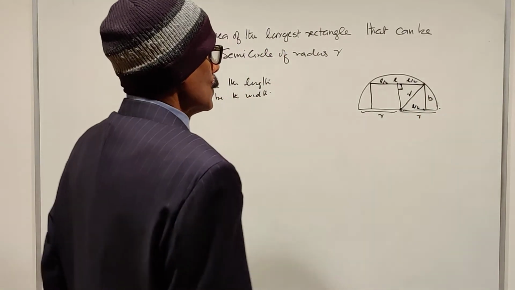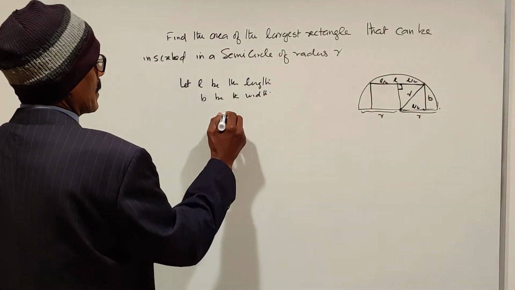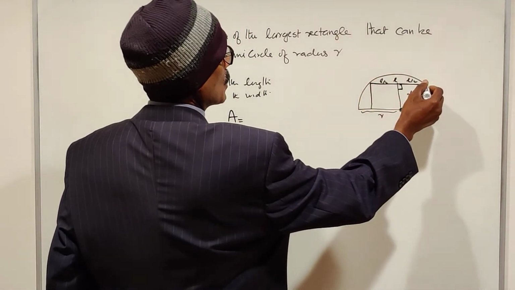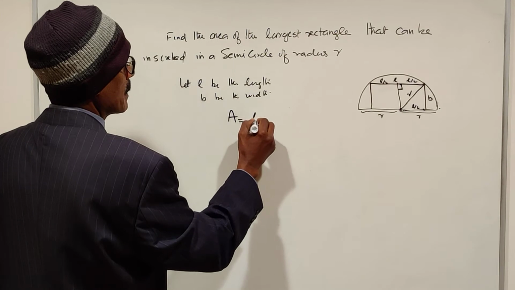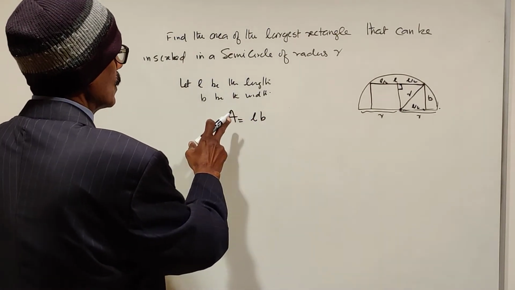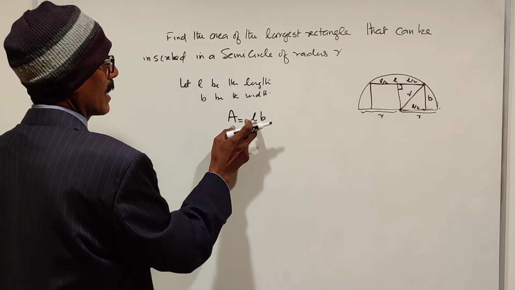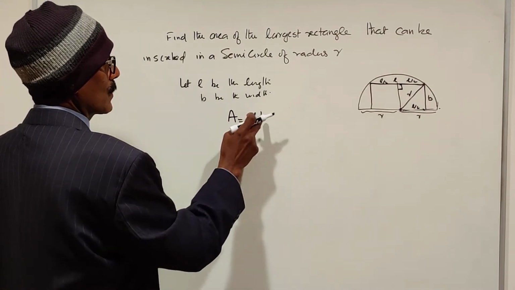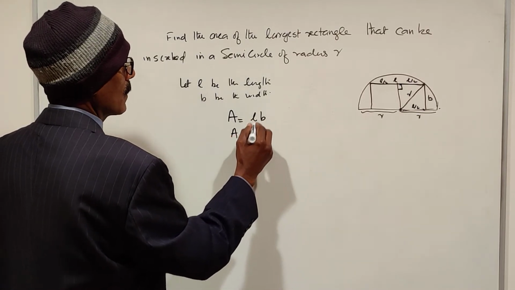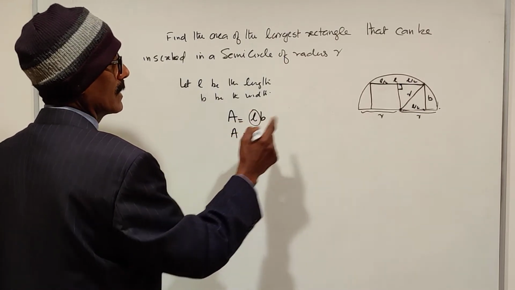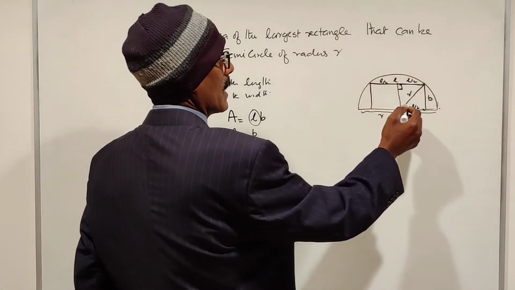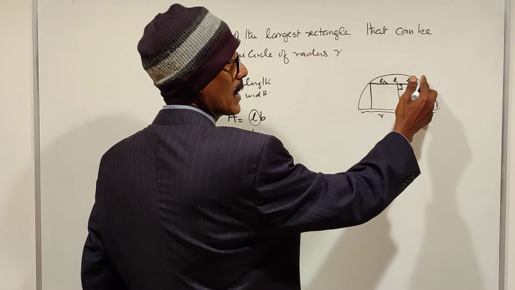Now we start from the area. Area of a rectangle is length into breadth, LB. Here there are three variables: area, length and breadth, so we need to substitute for L or B. A is equal to B into, I'm going to substitute for L. By the Pythagoras theorem, base square plus height square is equal to hypotenuse square.